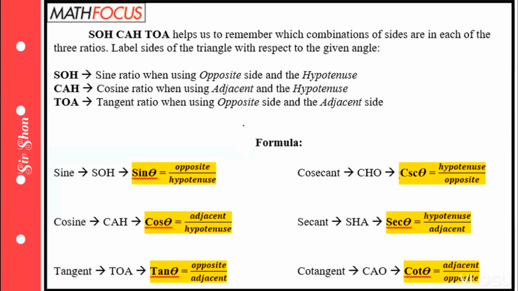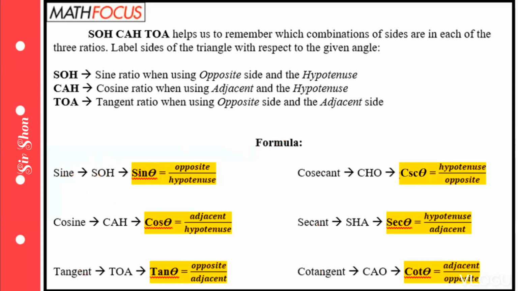All right. So here are the formulas of the six trigonometric ratios: the sine, cosine, tangent, cosecant, secant, and cotangent. For the sine, the formula is SOH, or sine theta. Again, theta represents any measure of the angle. For example, sine 35 degrees equals opposite divided by hypotenuse, or sine theta equals opposite over hypotenuse.